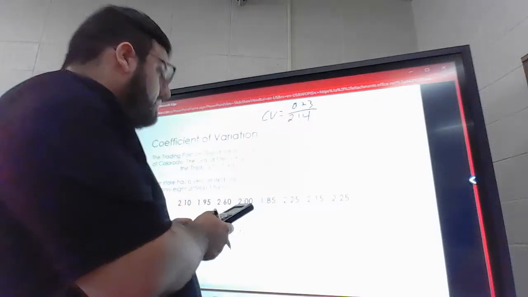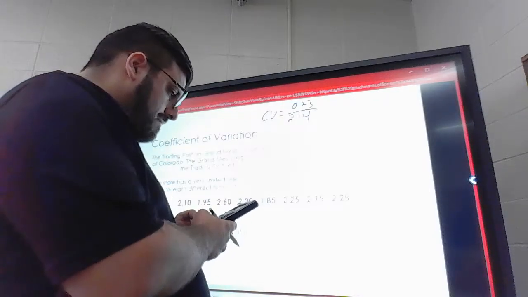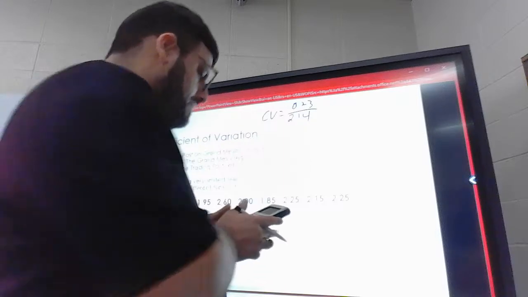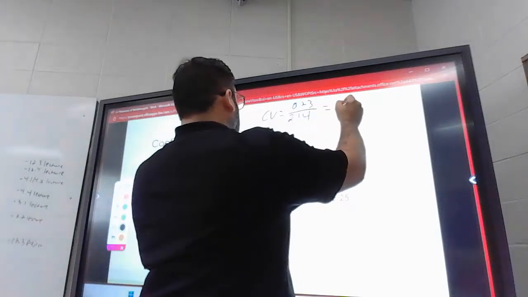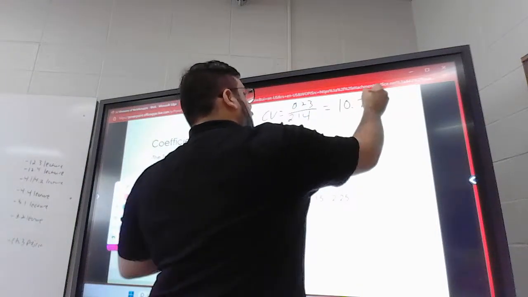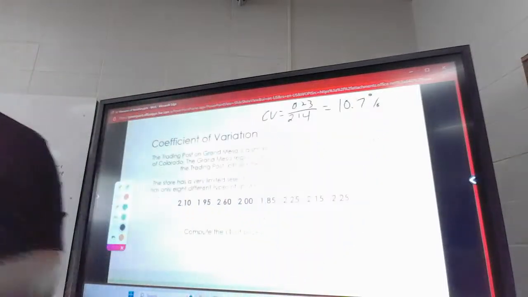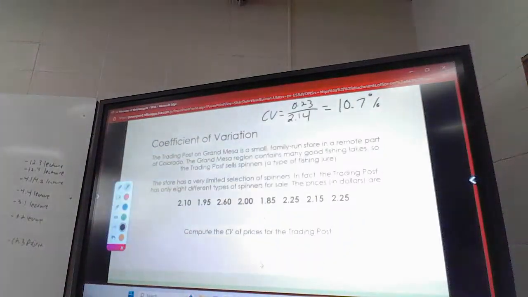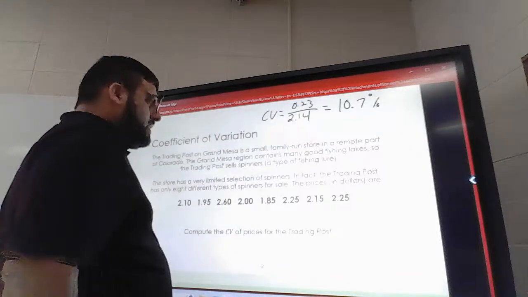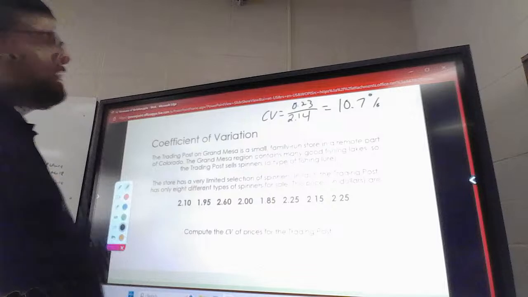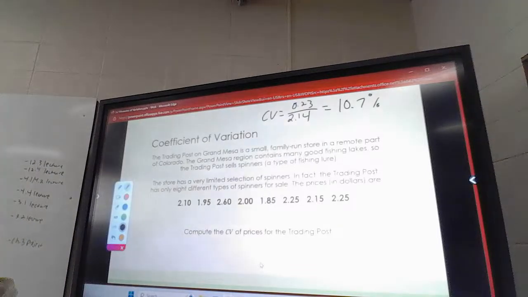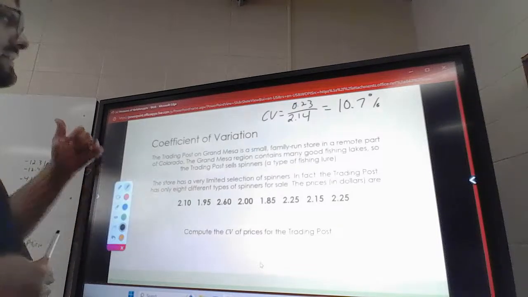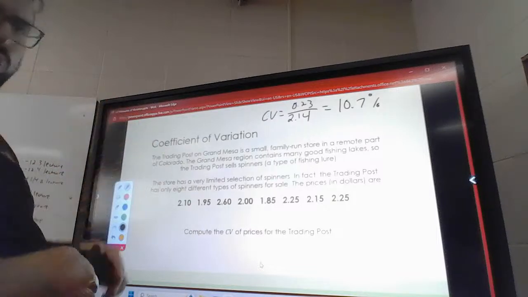So 0.23 divided by 214 multiplied by 100, and I'm going to round this to 1 decimal place, 10.7%. So not really varied at all about the center. You can even tell that some of these values are pretty close together. But that's the CV. That's how you do coefficient of variation. Standard dev divided by average multiplied by 100.